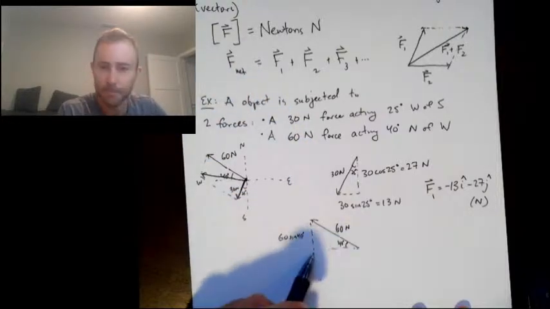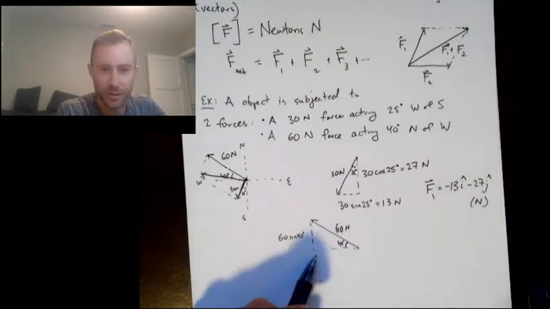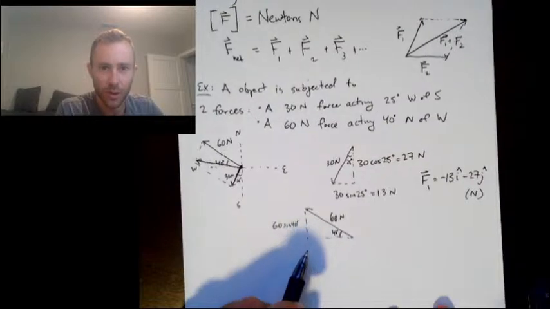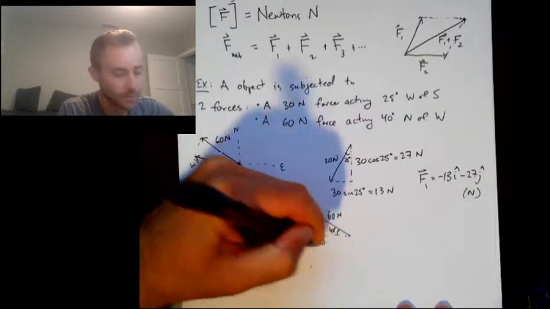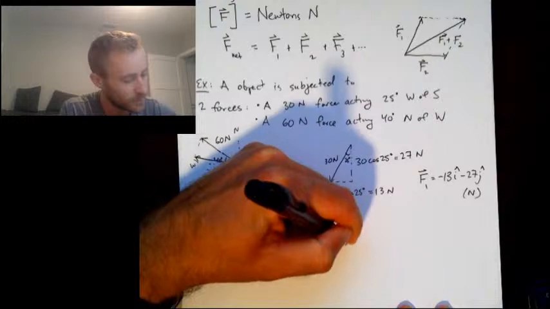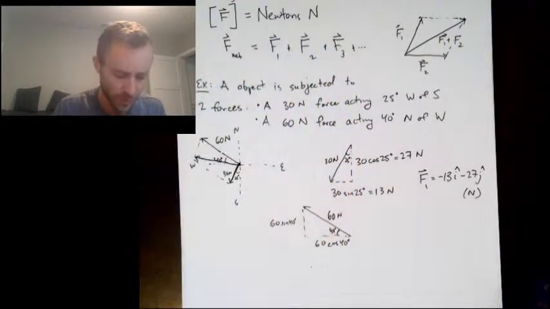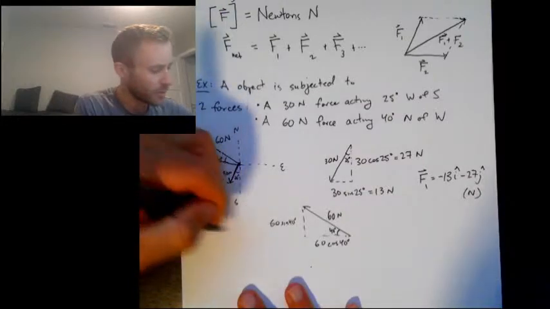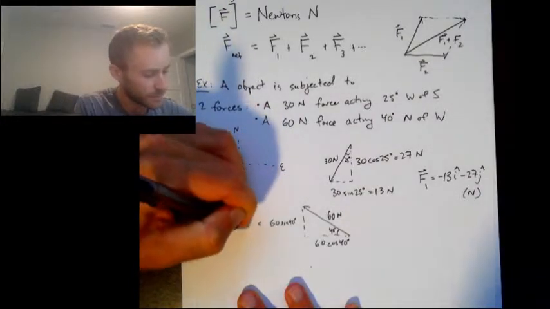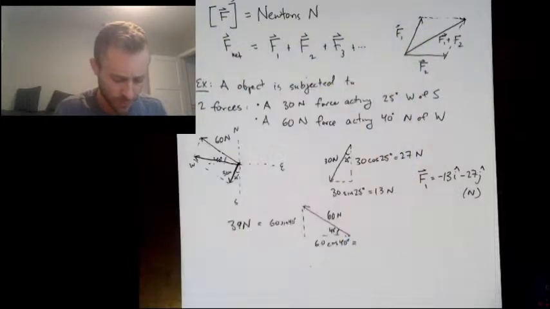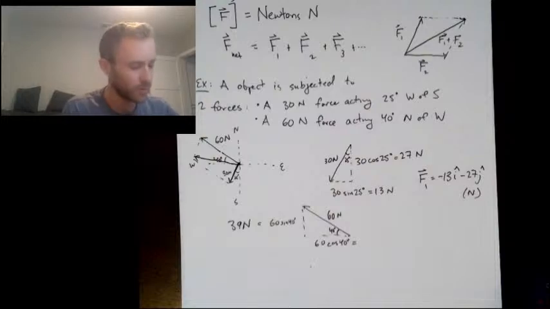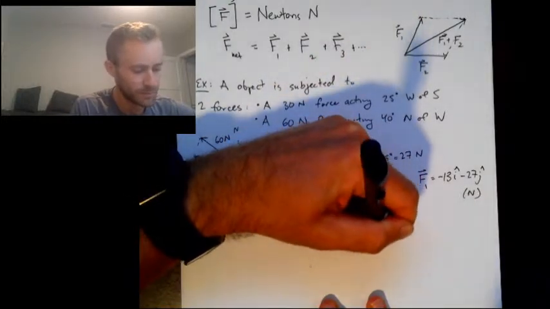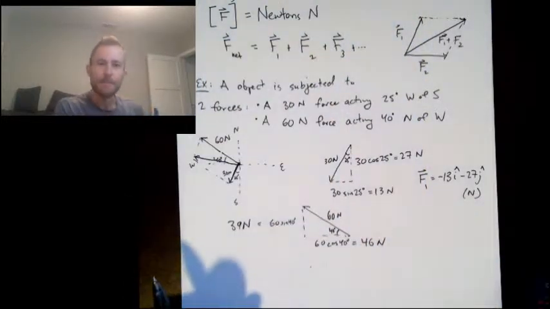This is adjacent to the angle, so that's going to be 60 cosine of 40 degrees. So I will type these into the calculator really quickly. This is about 39 newtons, and then this is about 46 newtons. Okay?